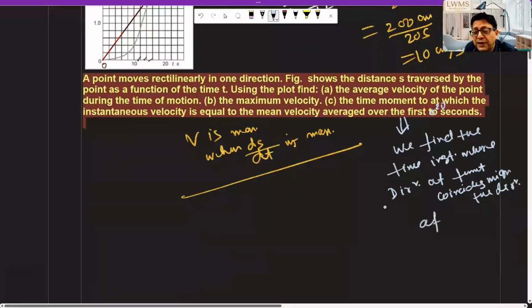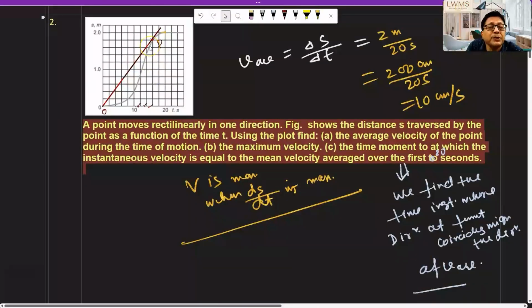The direction of V average. So that point we approximately found at the point P.